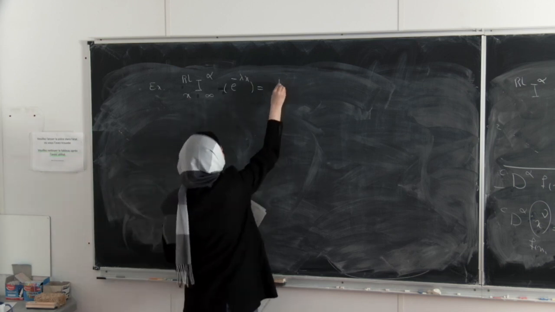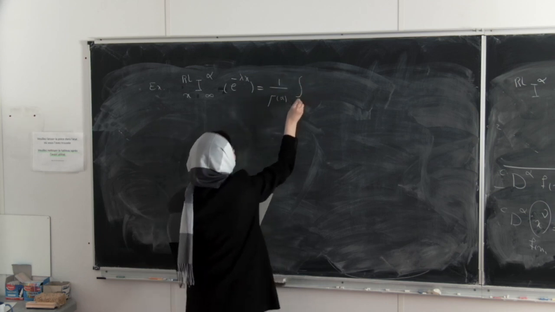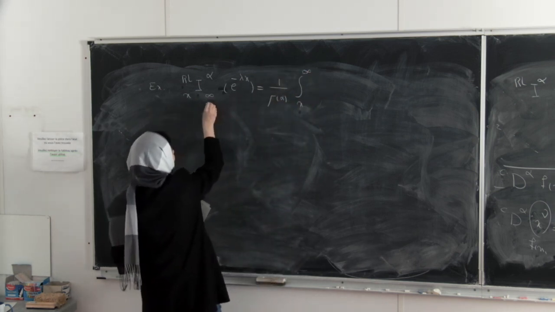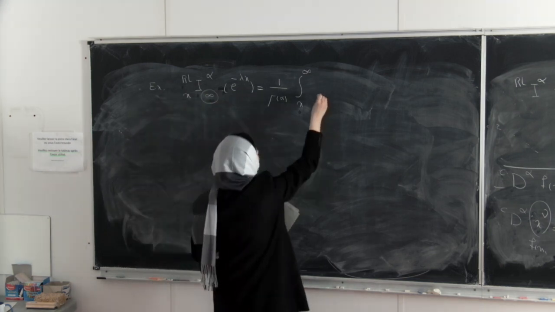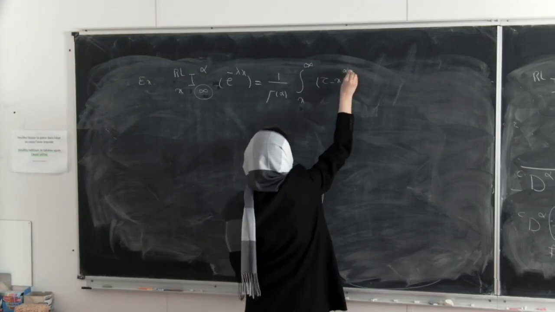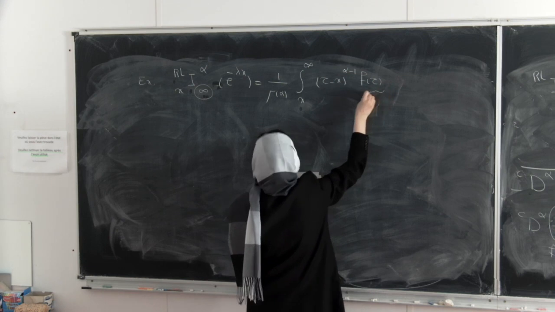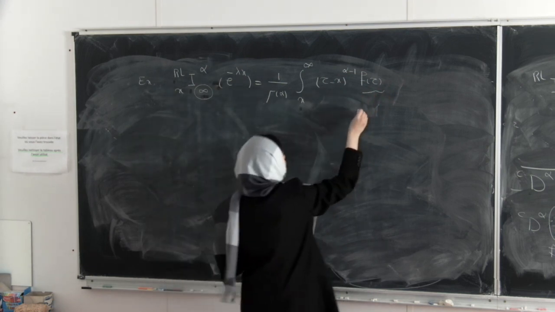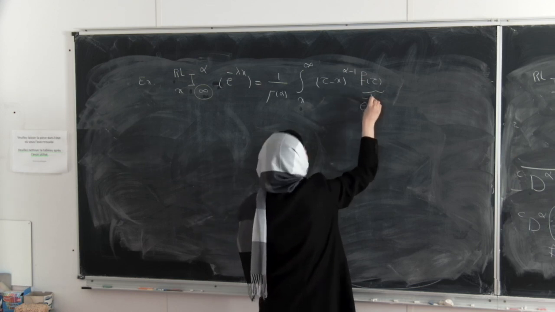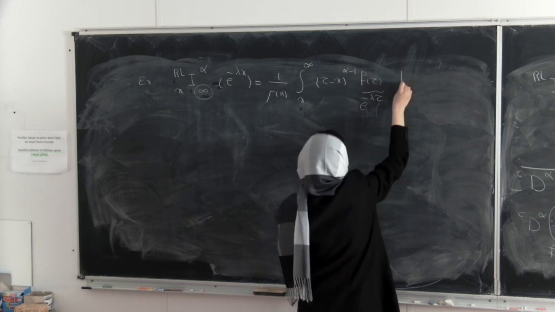We know that it will be 1 divided by gamma alpha, integral from x to infinity, tau minus x to the alpha minus 1, f of tau. Here f is this term, so we have e to the minus lambda times tau, d tau.